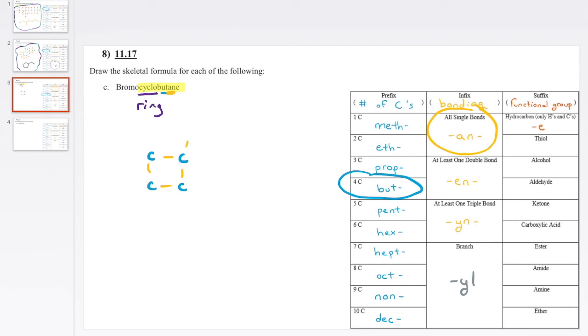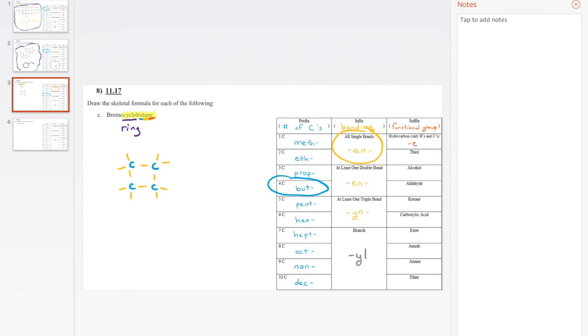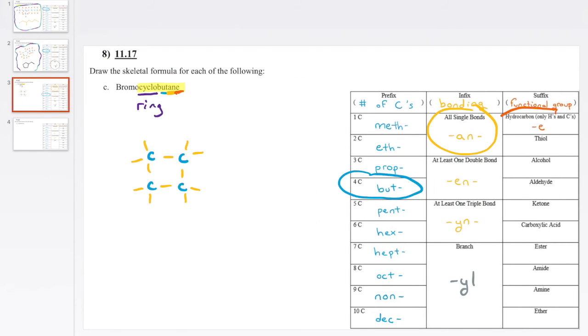And I know carbon needs 4 bonds, so I'll fill those in with more single bonds. And the suffix E is telling us that we have a hydrocarbon. So after I fill in all the branches, I'm just going to fill in all the other bonds with hydrogens. So that's the backbone.